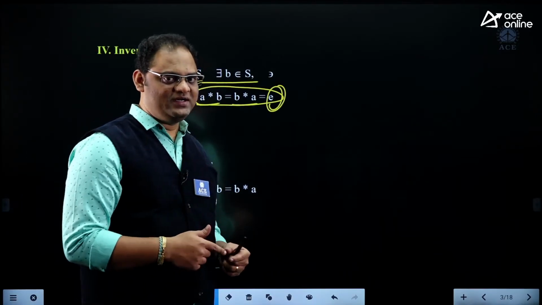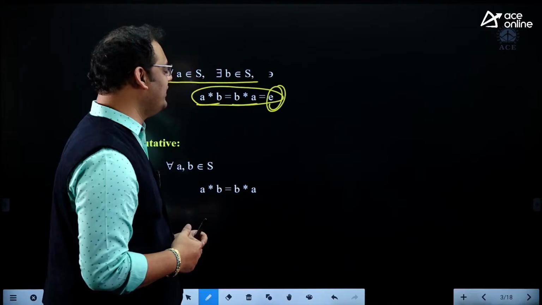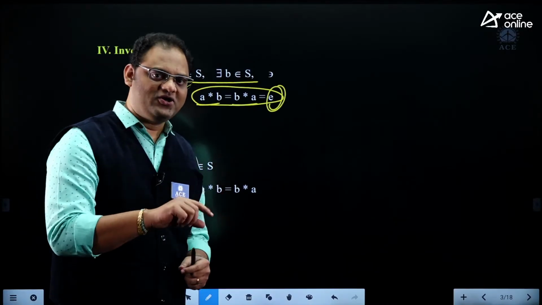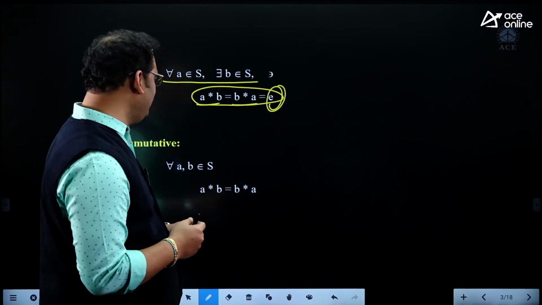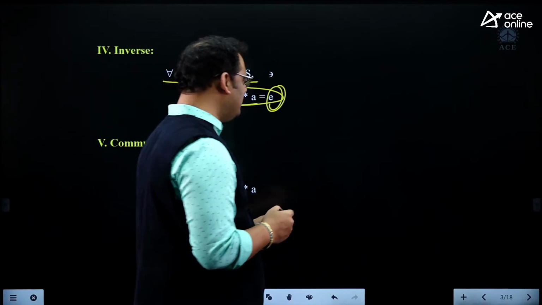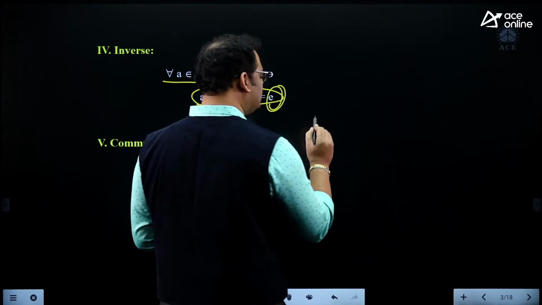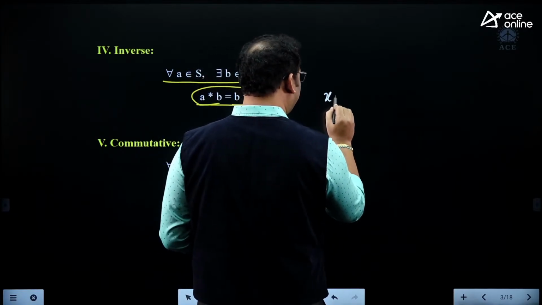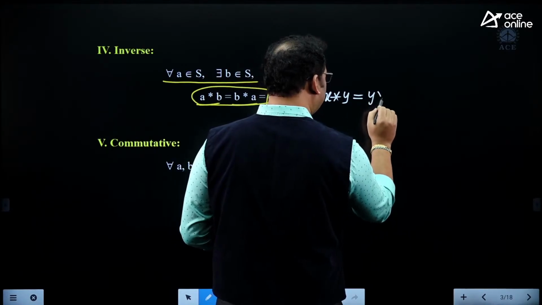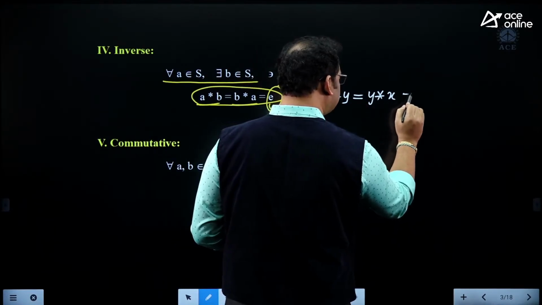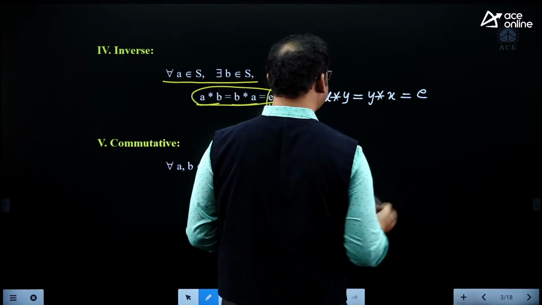A star B is identity, B star A is also identity. Then B and A are said to be inverses of each other, right? The same thing I want to write in some other vocabulary like this. Can I say: X star Y is the same as Y star X, which equals identity.